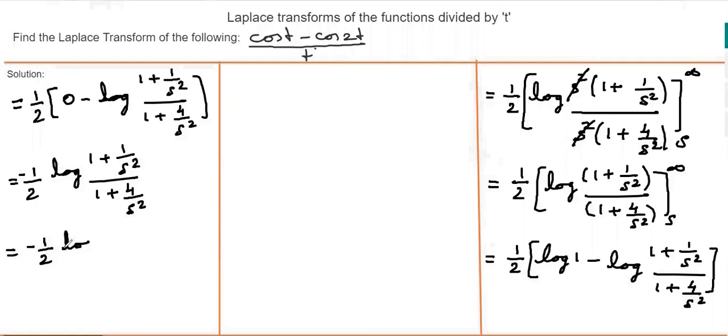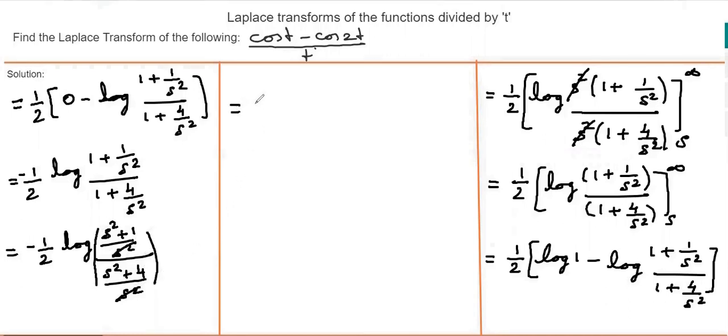Log, again we can take the LCM. I am telling about the numerator alone: s square plus 1 over s square. Now in the denominator, s square plus 4 over s square. Now this s square and this s square can be cancelled. This whole thing is under the logarithm.